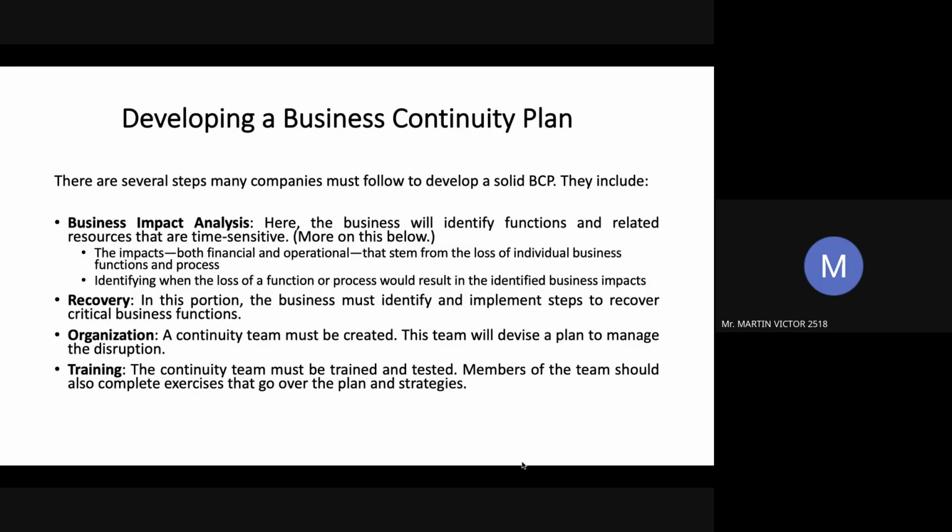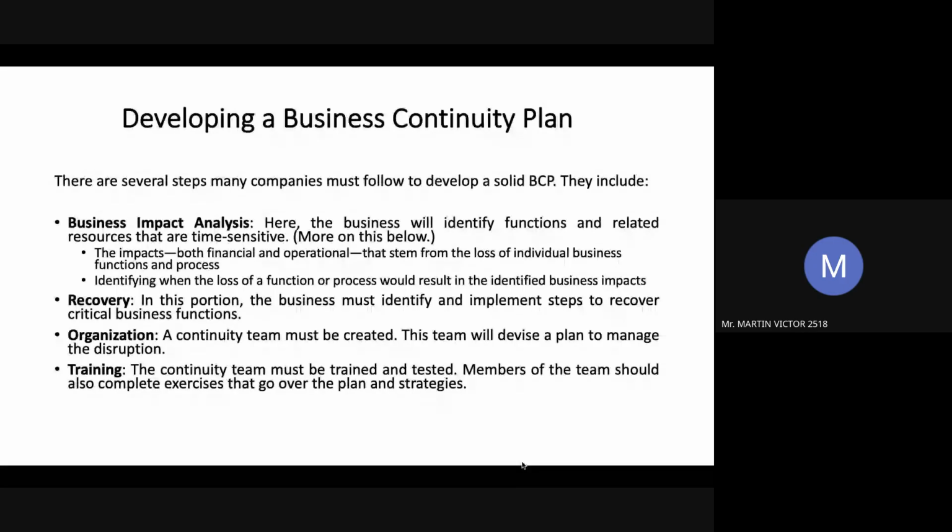So we identify when the loss of a function or process would result in the identified business impact, and how that loss would impact the business. So as an organization, they have to identify the functions and the related resources.